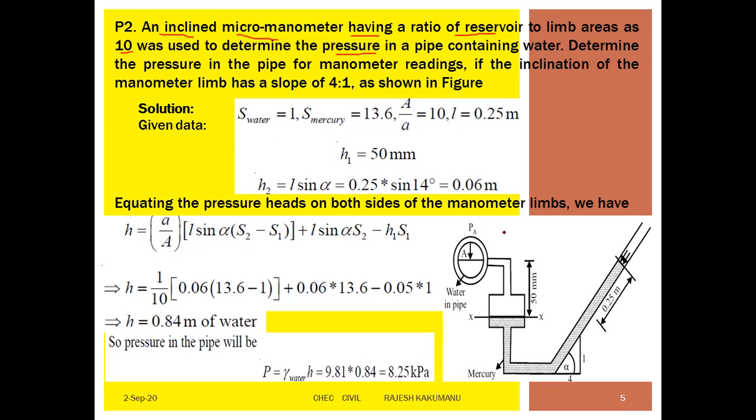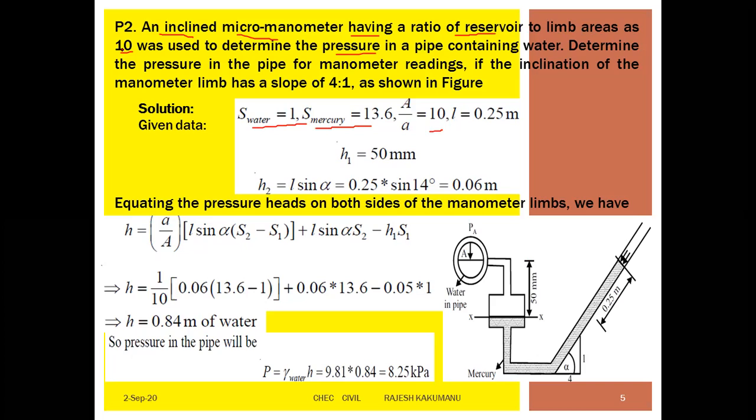Now from this figure, first write the given data. What is the given data here? The specific weight of water is not given, so we have to take one. The specific weight of mercury, we know that it is 13.6. Then what is A by A? It is 10, given in the figure.